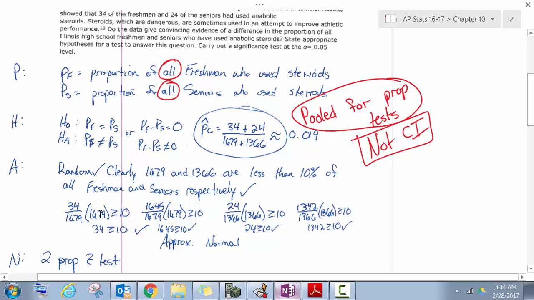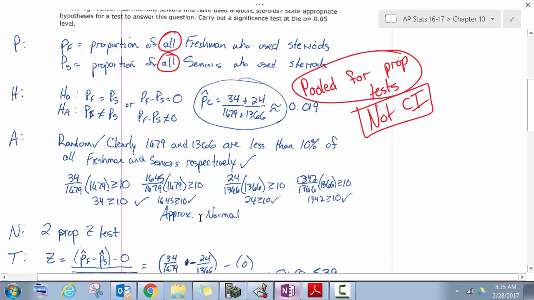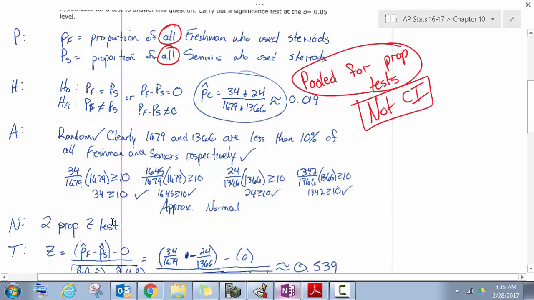So this is N times P hat F, N times 1 minus P hat F, N times P hat S, N times 1 minus P hat S. They're all above 10, so it's approximately normal, and we can continue. It is a two-proportion z-test.